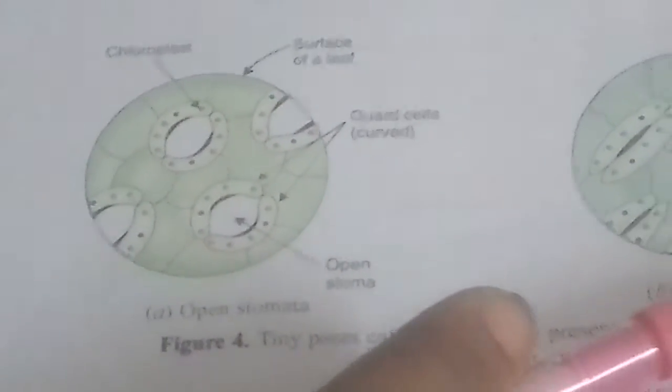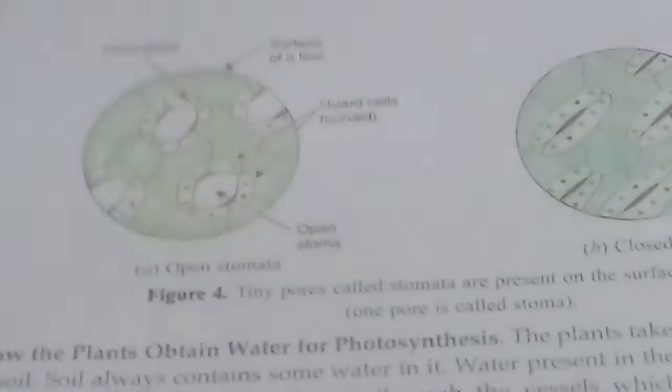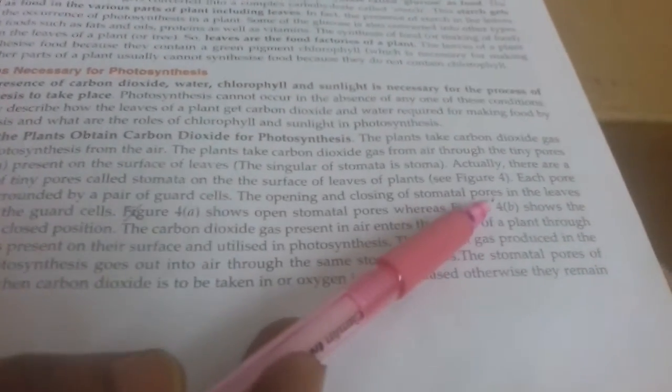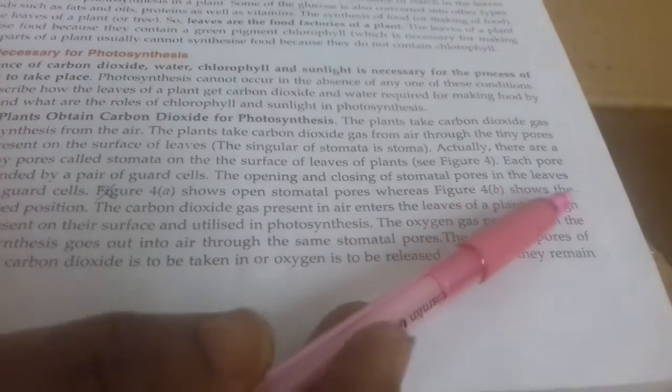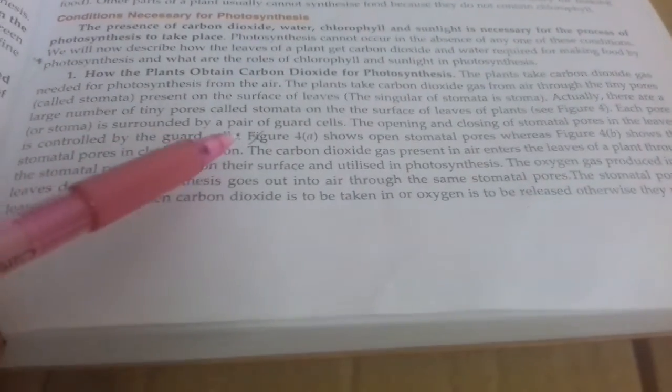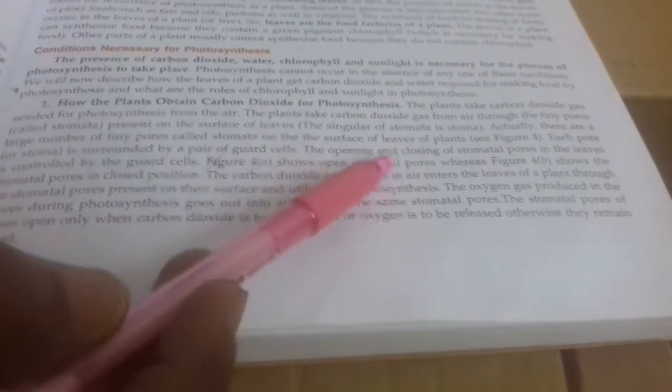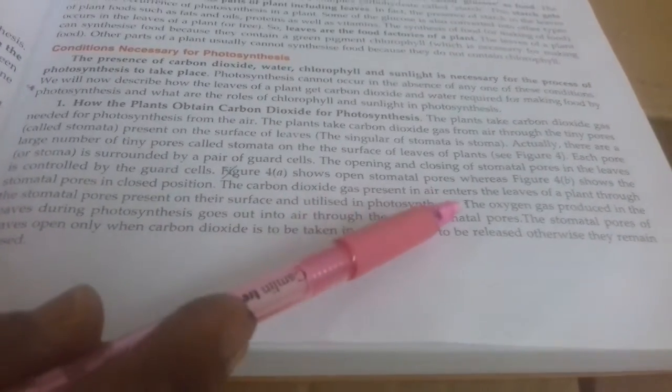The guard cells are responsible for opening and closing of stomata. The opening and closing of stomatal pores in the leaves is controlled by the guard cells. The stomatal pores present on the surface are utilized in photosynthesis.